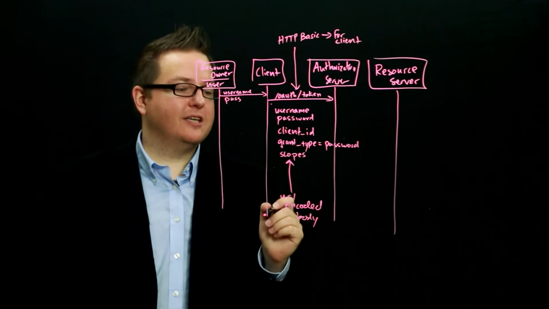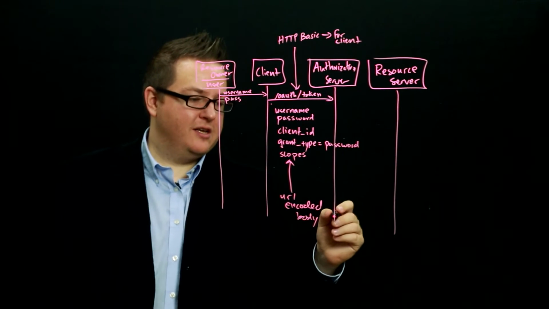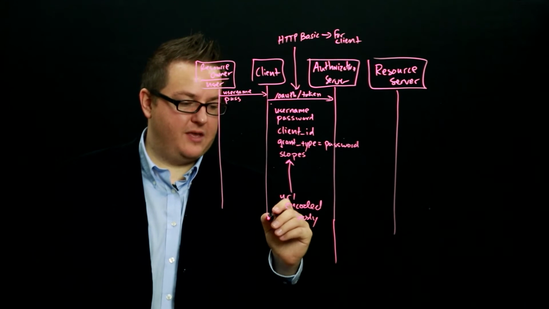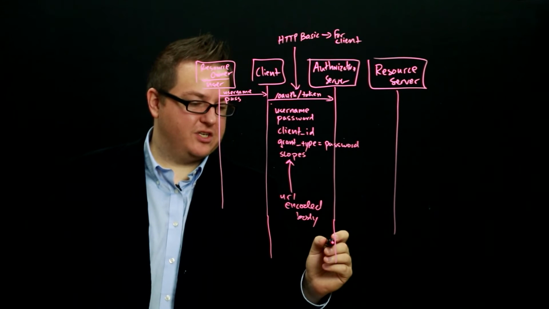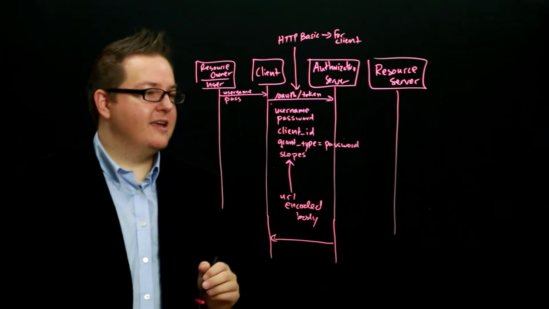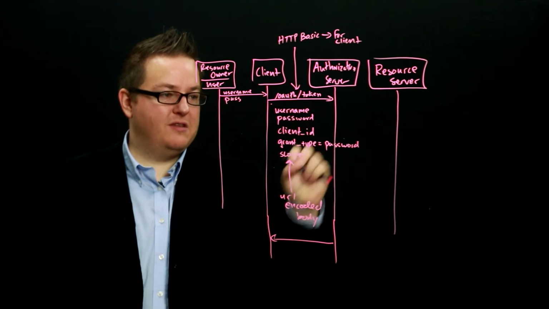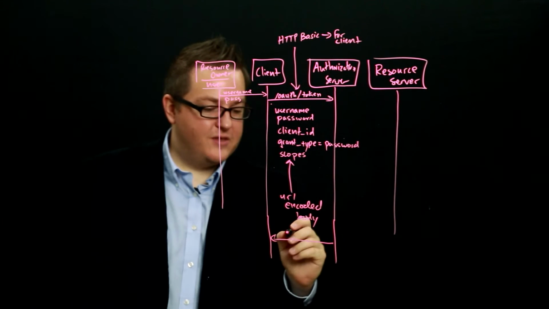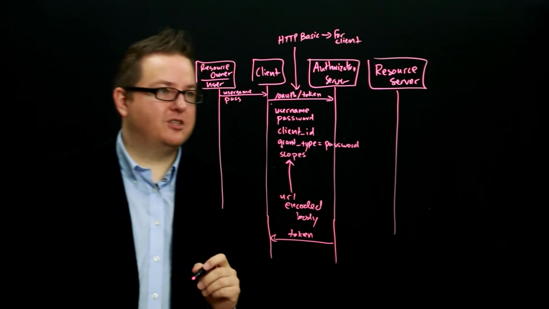What's going to happen is the authorization server will then look at all of the information that's been provided to it, and if all of it matches up to its expectations, so the username and password is right, and the HTTP basic is there, and we have all of the other parameters that we need, then it's going to return a token back to the client.